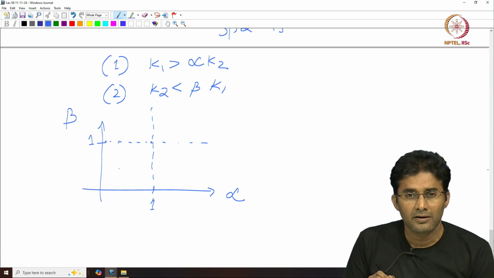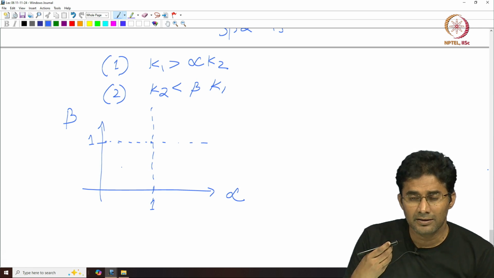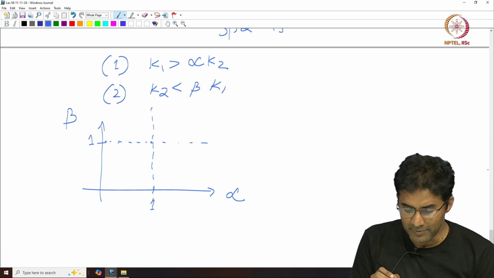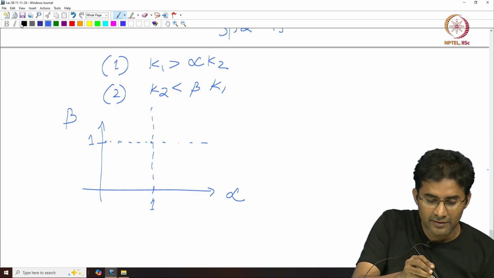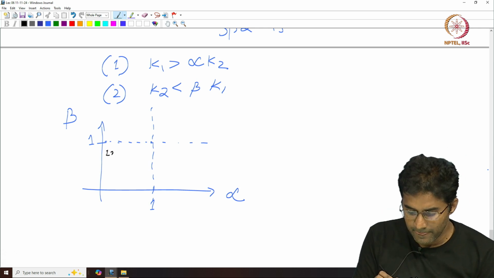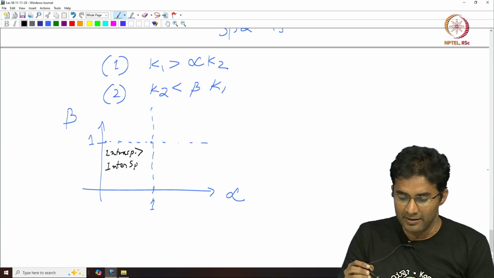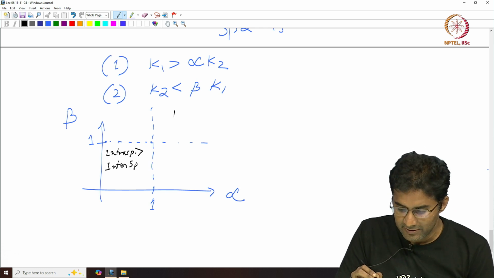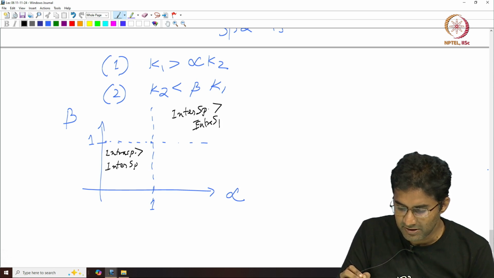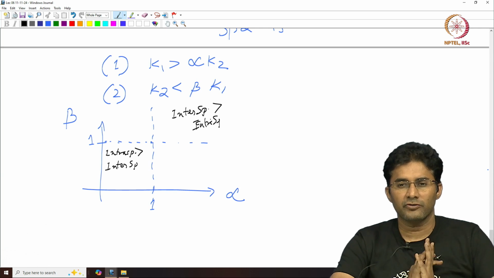One corner where alpha and beta are both less than 1 means intraspecific competition is dominant, so intraspecific is more than interspecific. This would be the opposite, the case when interspecific competition is stronger than intraspecific competition, and one can fill the other 2 blocks as well.